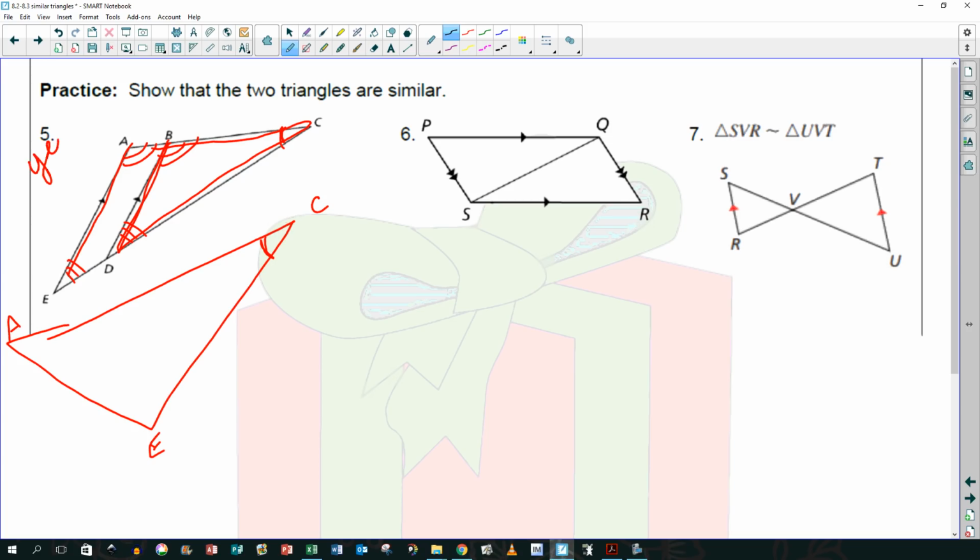So yes, similar by angle. So angle C is congruent to angle C by reflexive. Angle A is congruent to angle CBD by corresponding angles.